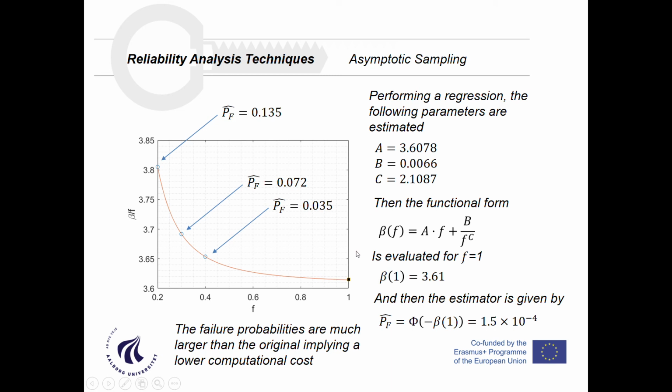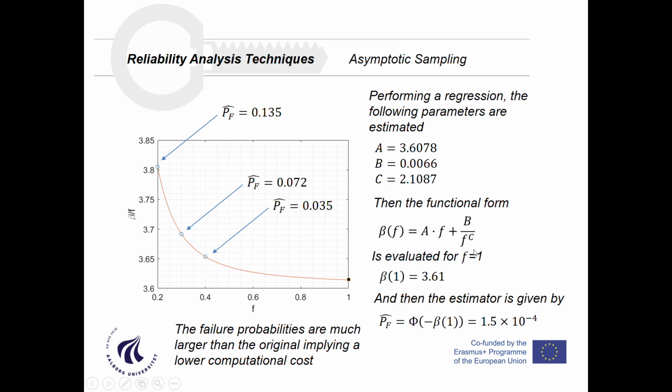And then what we're going to do is evaluate this functional form for f equal to 1, which is the original failure probability that we're trying to estimate. So here we can see this is not directly the failure probability, it is beta divided by f, but it's totally equivalent. So if you perform a regression analysis, the following parameters of the functional form a, b, and c were estimated.